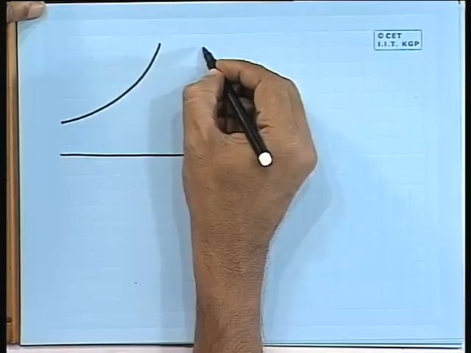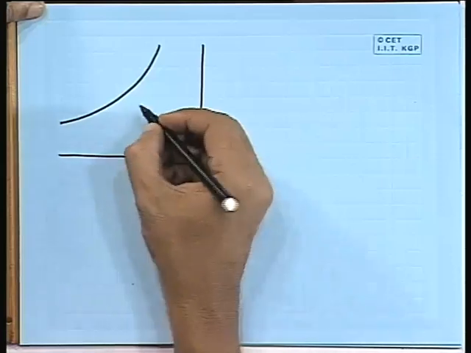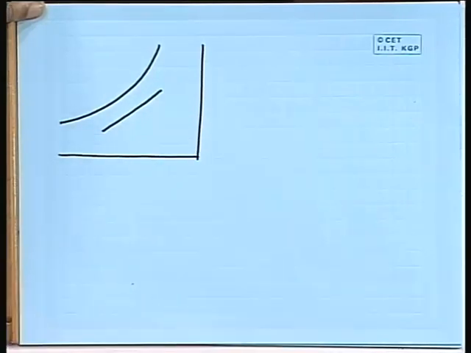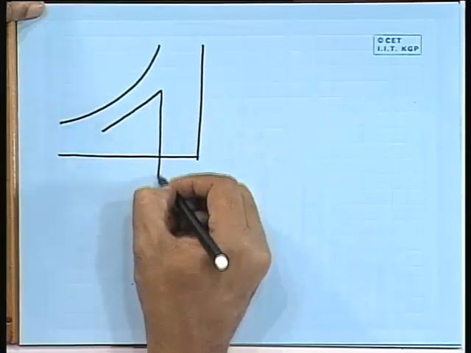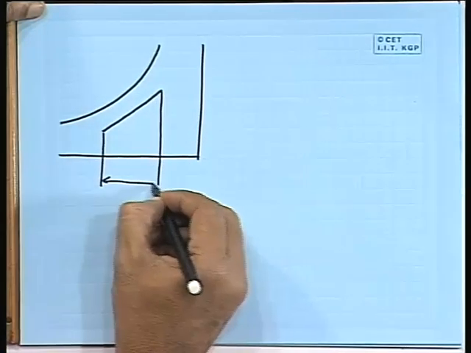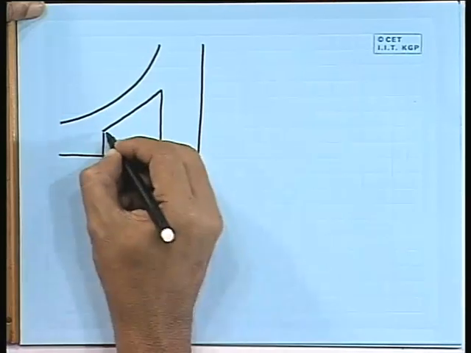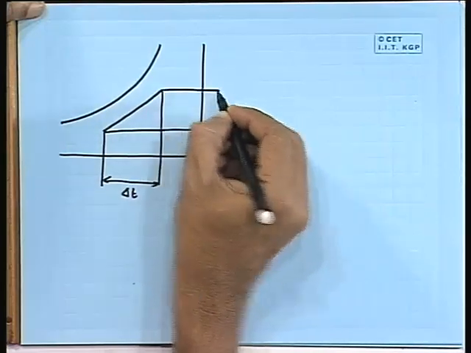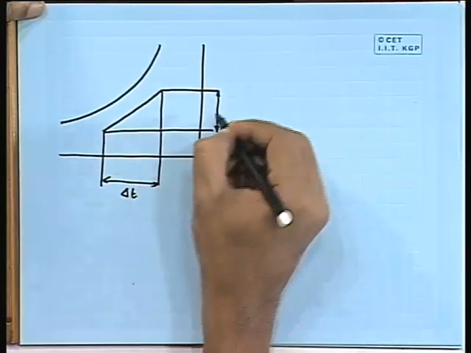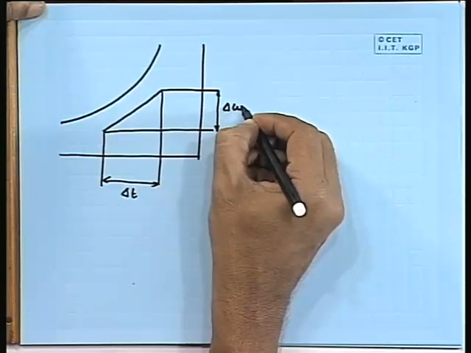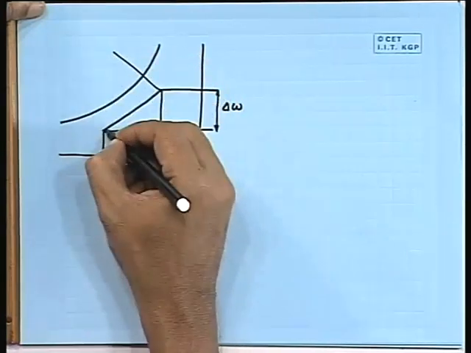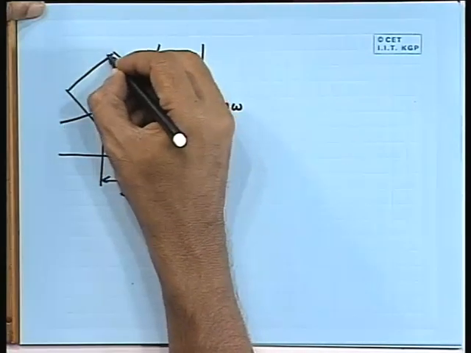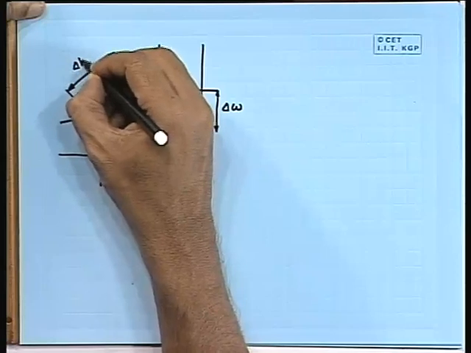So, one can have a representation of this process also on the psychrometric chart. You can do it easily. That means, let us say the total heat transfer process is something like this. So, this is the change in dry bulb temperature, this is the change in humidity ratio, and this is the change in enthalpy.